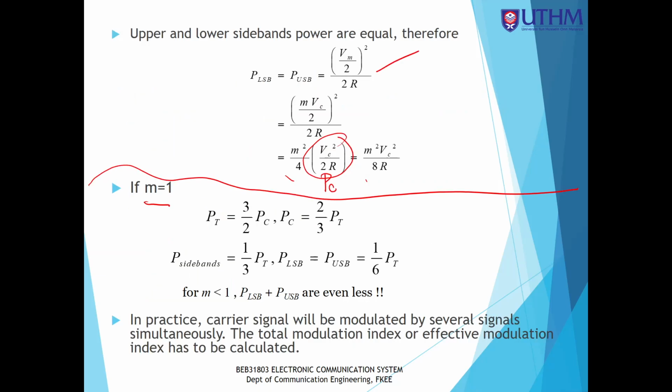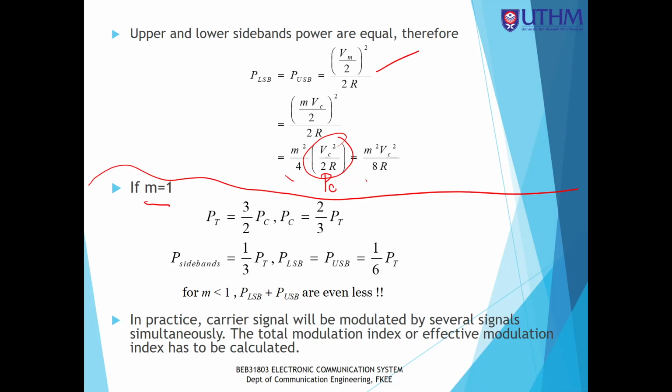Okay, so the total power can be written as 3 over 2 of PC. Remember previously PT is equal to PC times 1 plus m square over 2. This is for the double sideband full carrier only.